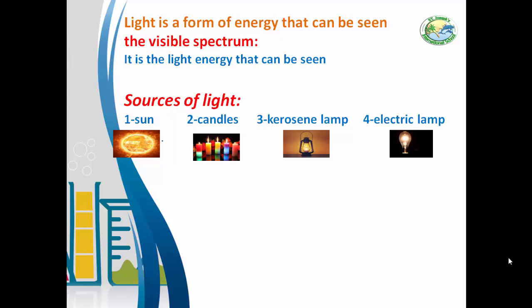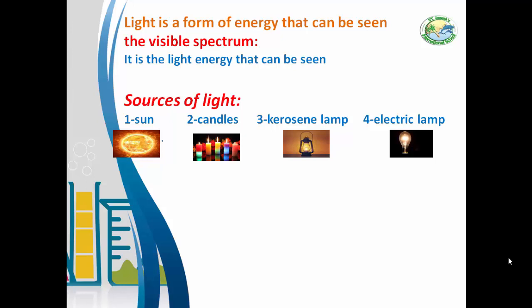So sources of light are sun, candles, kerosene lamp, and electric lamp. We can't consider moon as a source of light because it is a dark body. Moon is not considered as a source of light.